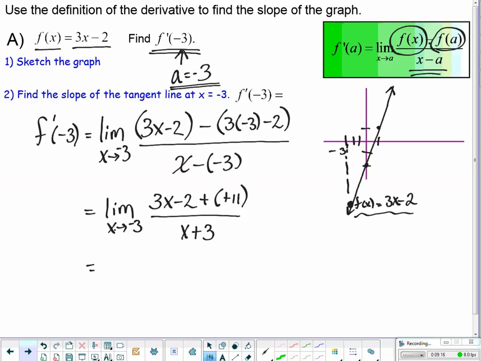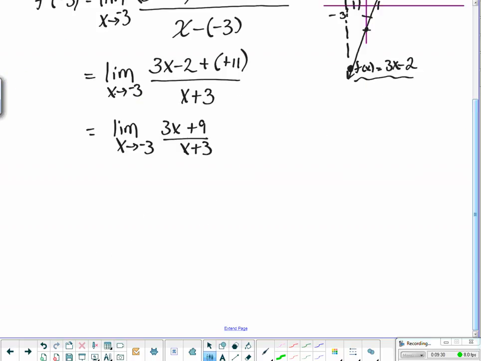Simplify one more step, the limit as x goes to -3 of 3x plus 9 over x plus 3. I have it nicely simplified, so I'm going to stop for a moment and see if I can evaluate my limit at this stage. That would mean plugging in -3 for my x, and immediately I notice I have some problems. I get -3 times 3 plus 9 gives me 0. I get 0 over 0 on that. So that means I probably have a little bit of work to do.